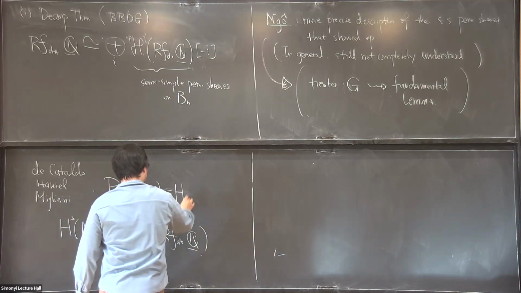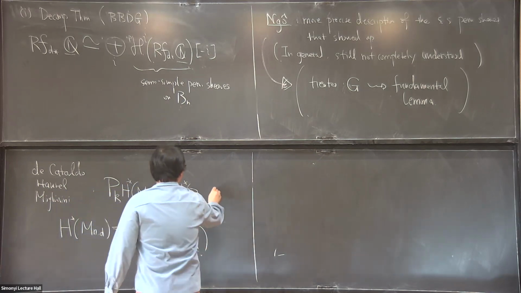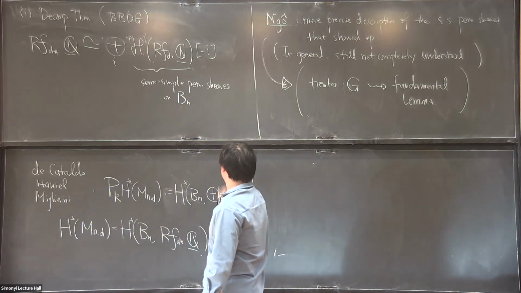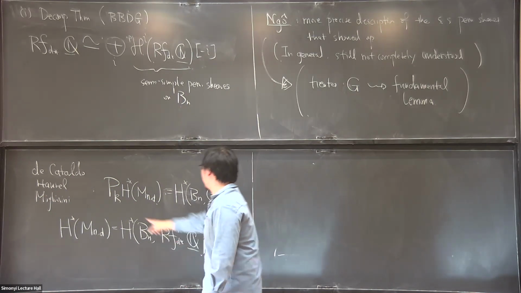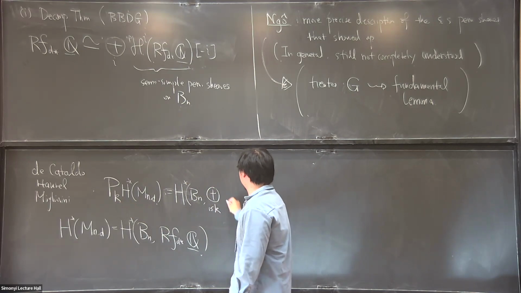So it's the cohomology of the Bn, and you collect the first few summands on the right hand side, bounded by K.